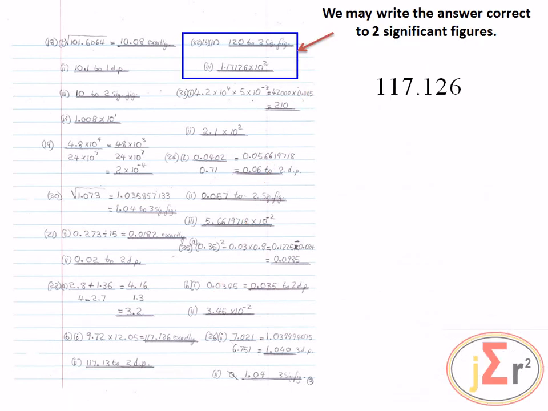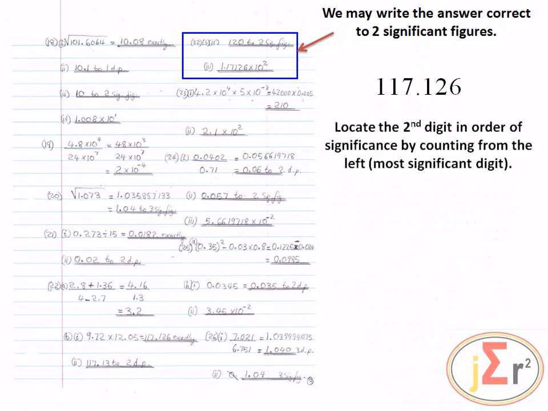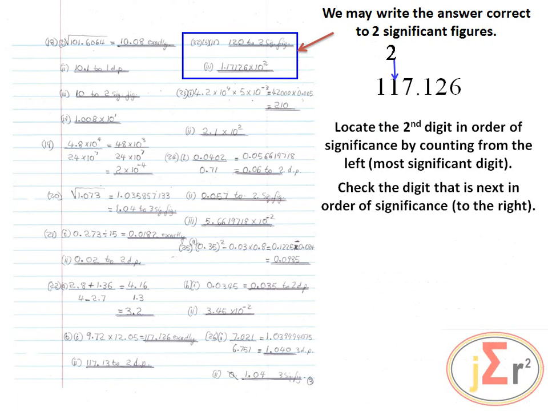We may write the answer correct to 2 significant figures. Locate the second digit in order of significance by counting from the left, which is the most significant digit. 1, most significant to the left. 2, the one next to it. Check the digit in the next position of significance, which is to the right.